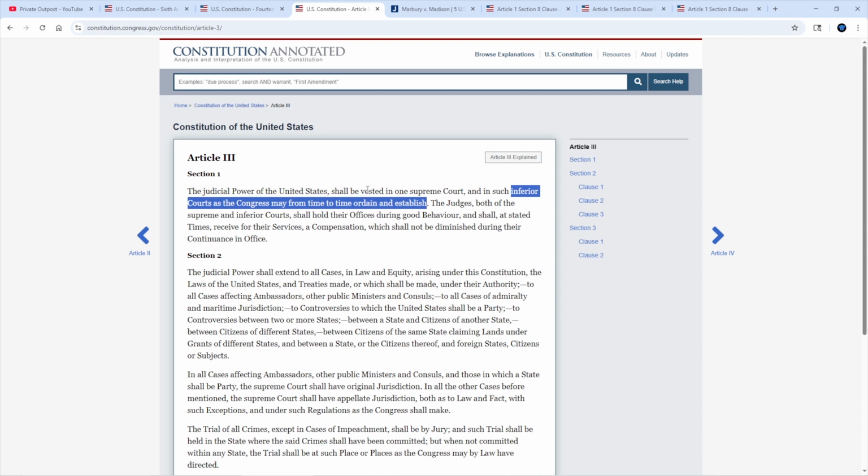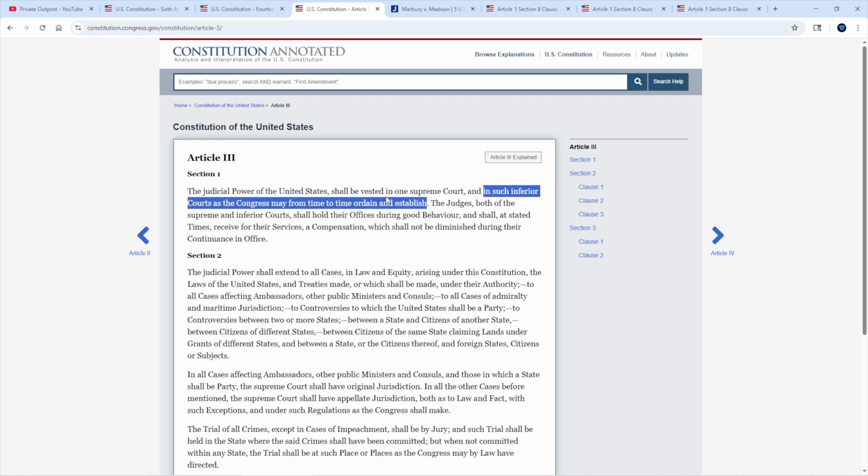So this is how they got the legislative power to actually create their courts. It's not technically a judicial power. It's not an Article 3 judicial power. It's called a legislative power. This is how they got the legislative power from Article 3. That's how you're supposed to interpret this.